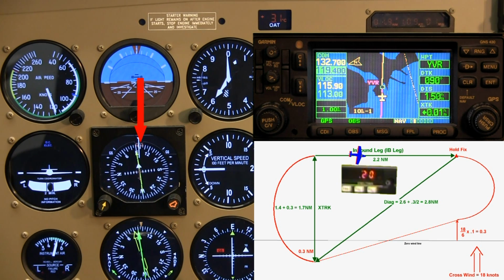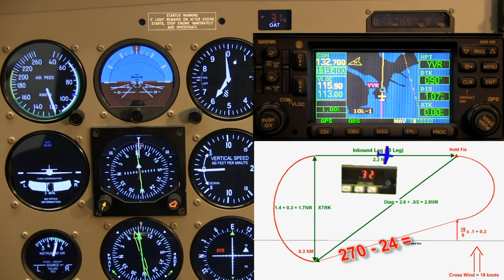I am flying a heading of 098 degrees to stay on track, in other words 8 degrees of drift. I expect nearly 24 degrees of drift on the outbound leg, so the required outbound heading will be 246. As we cross the fix, I will turn right to 246 degrees.